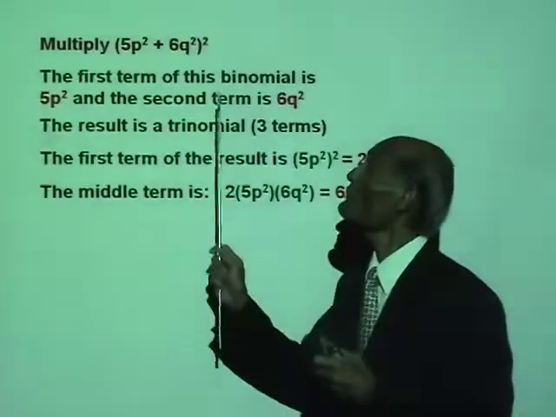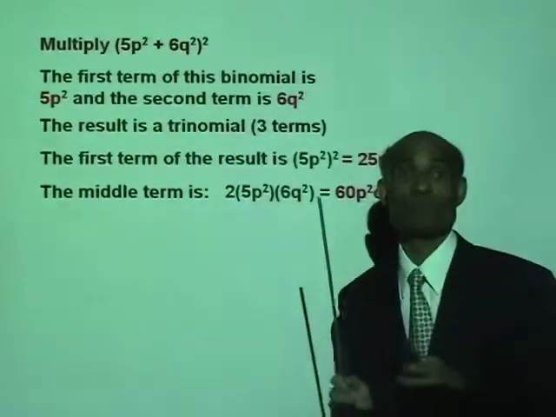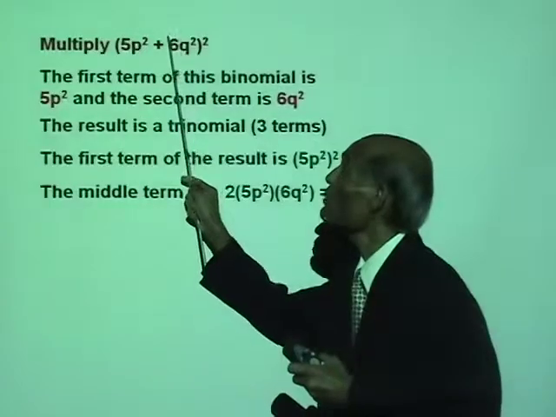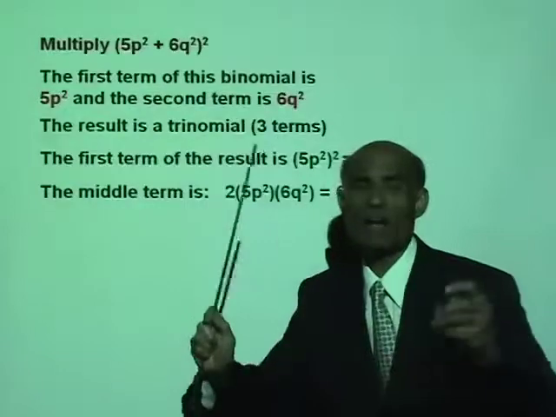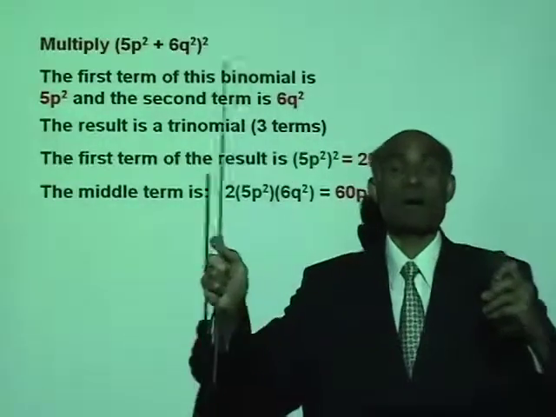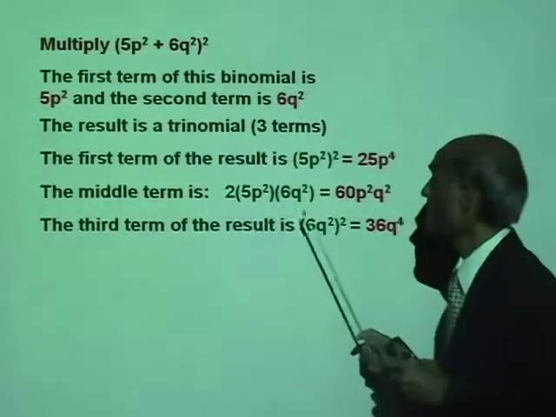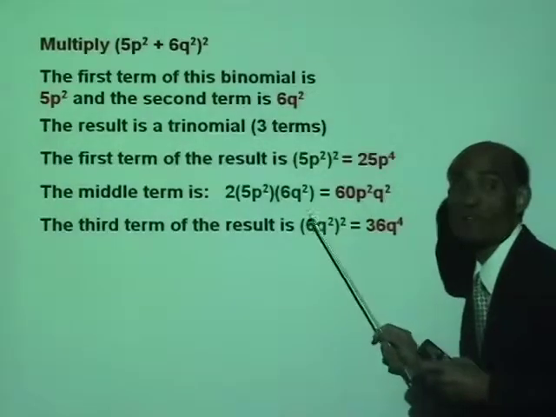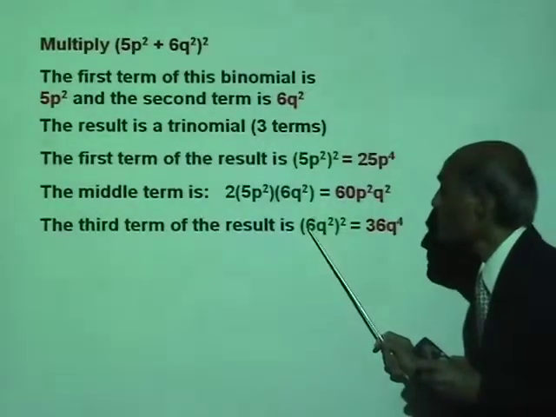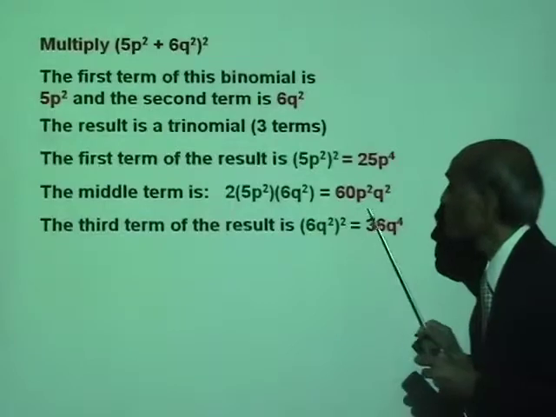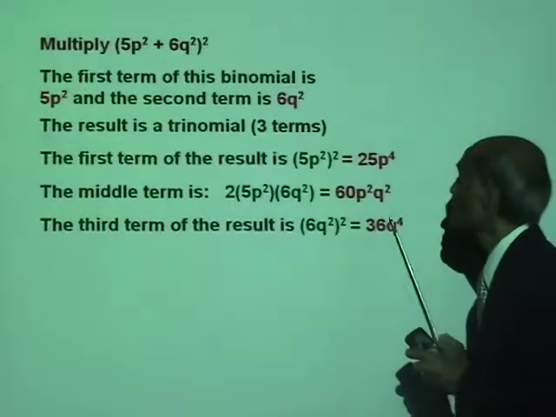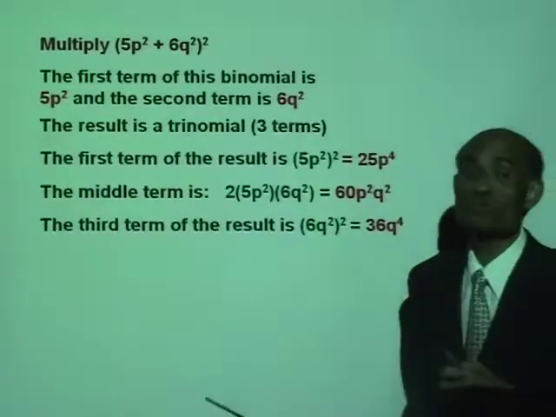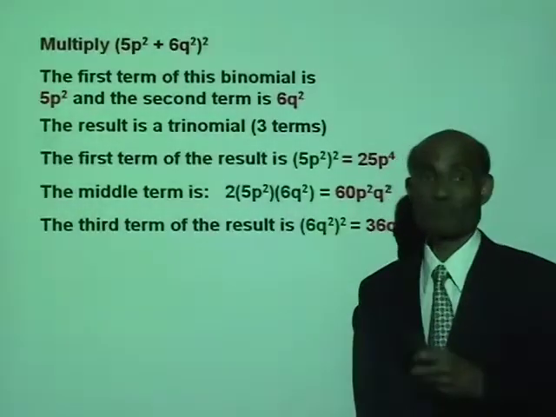Okay, what is the last term, the third term? The third term is the square of this quantity, 6q squared raised to the power of 2. What is that? 6 raised to the power of 2 is 36. q squared raised to the power of 2 is q to the power of 4.